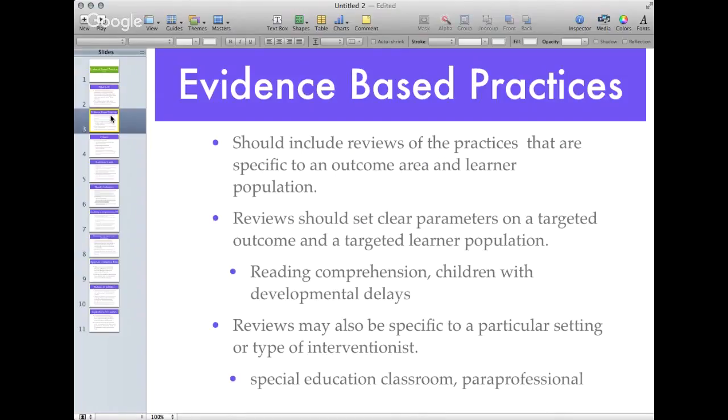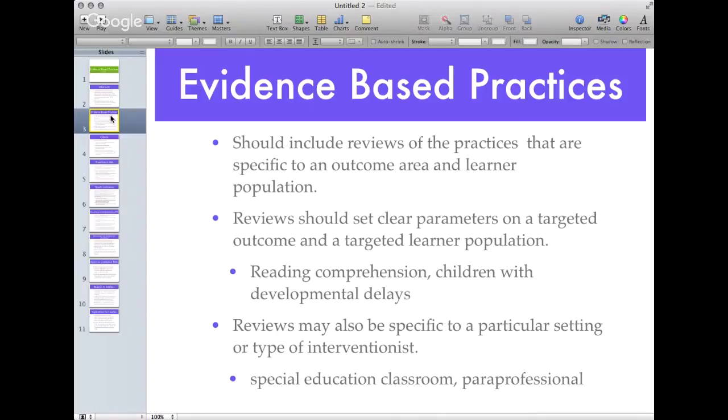So, evidence-based practices should include reviews of the practices that are specific to an outcome area and learner population. Reviews should set clear parameters on a targeted outcome in a targeted learner population. An example would be that the targeted outcome would be reading comprehension, and the targeted learner population could be children with developmental delays.